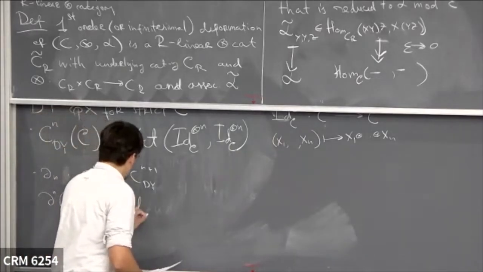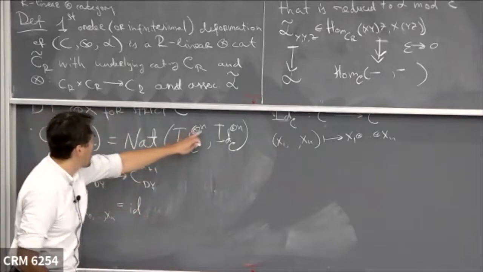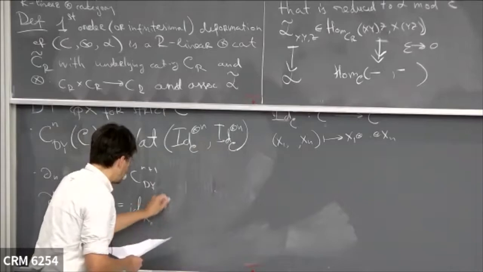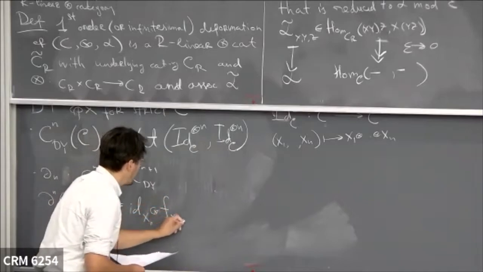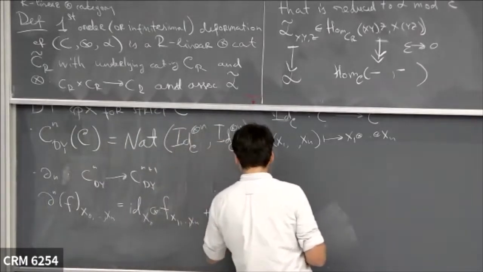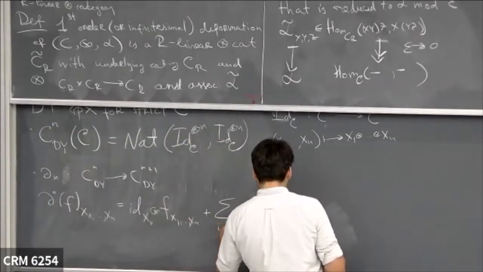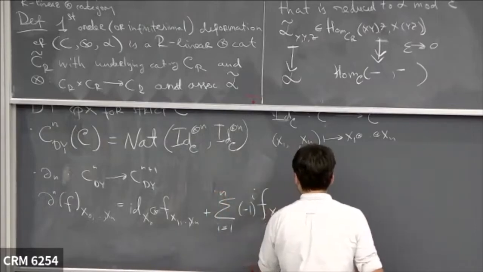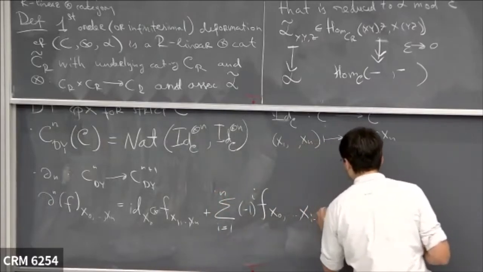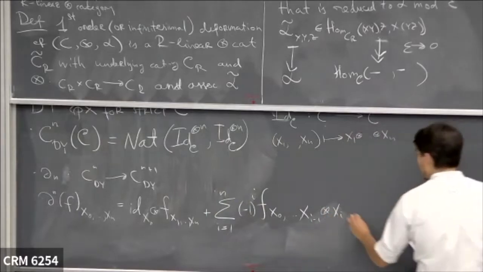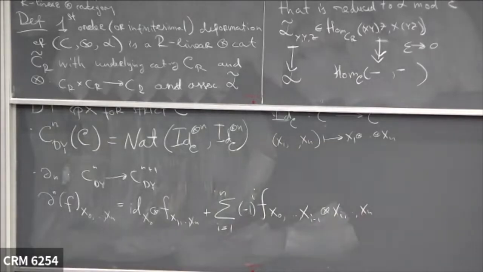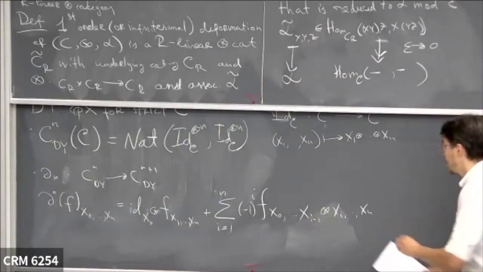So the new natural transformation from power n plus 1 to C is just identity on x0 tensor F, where you evaluate F on x1 to xn, plus some bulk part. We start with x0, and we multiply the i minus 1 component with the i component, and take all the others, right?